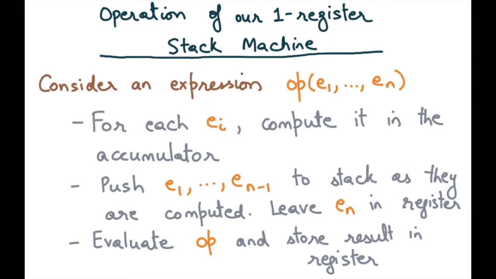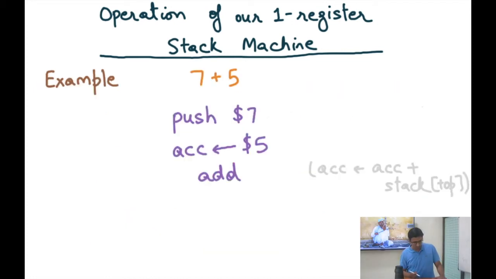And finally, when I am done, I want to pop off the top n-1 words from the stack so that the stack looks exactly as it was before this computation started. Okay, so here's an example. Let's say I wanted to compute 7 plus 5. Then I would say push 7, that's going to push the constant 7.